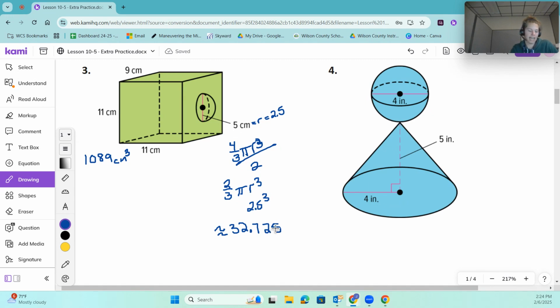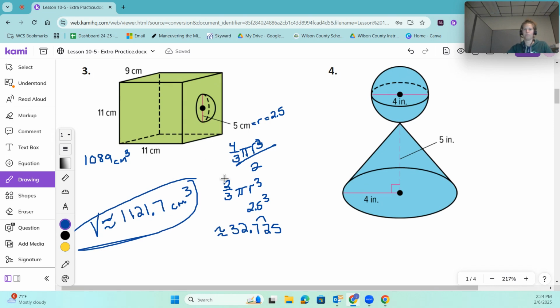And we are going to add that to our 1,089. Because it says round to the nearest tenth, my total volume is approximately equal to 1,121.7, because that 2 rounds, it keeps the 7 the same. And then that's centimeters cubed.